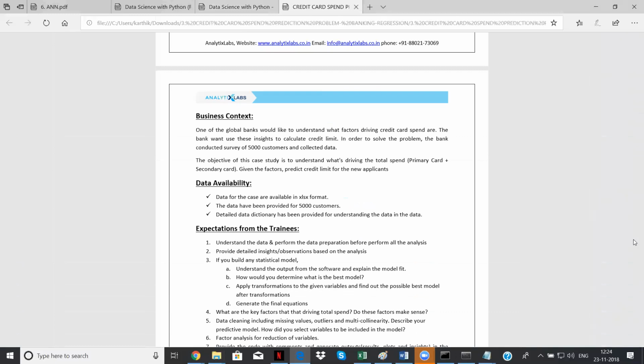So in my spend prediction problem, that's obviously a linear regression problem where I have a lot of factors where people are spending on the credit cards, and I have a variable which denotes spend. So I have various factors like their marital status, let's say, do they have their own vehicle or not? Do they have their own house or not? Are they paying utility bills or not? Do they own pets or not? So there are a lot of categories like that. And finally, I have a spend variable.